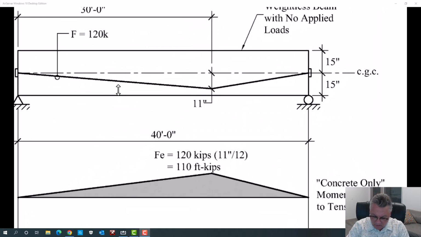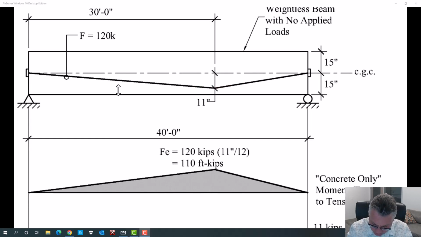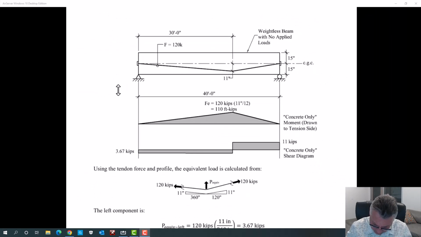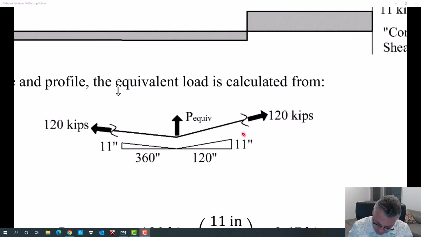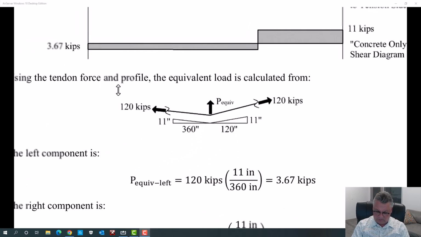We could have calculated that by just looking at the components again of the pre-stressing force. So we'll look at that same 120 kips. It's got that same eccentricity, but the slope of the tendons is now different. Each side is still going up 11 inches, but this is doing it over 360 inches, and this is doing it over 120 inches.